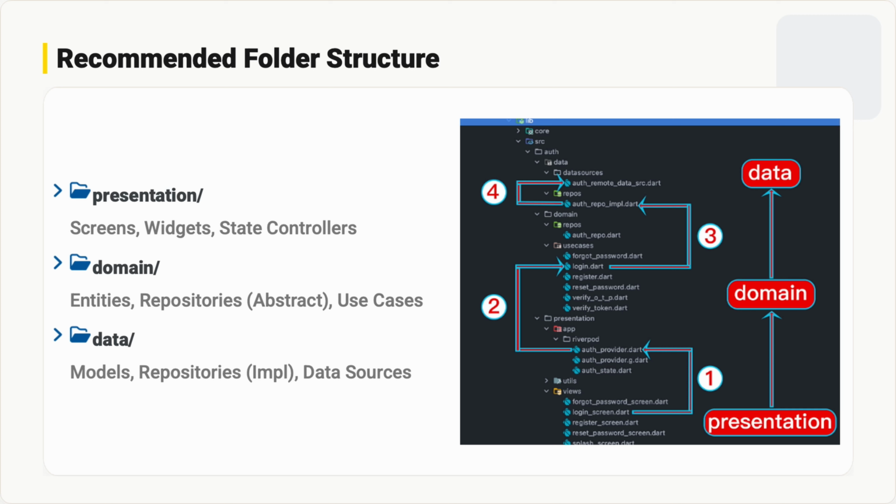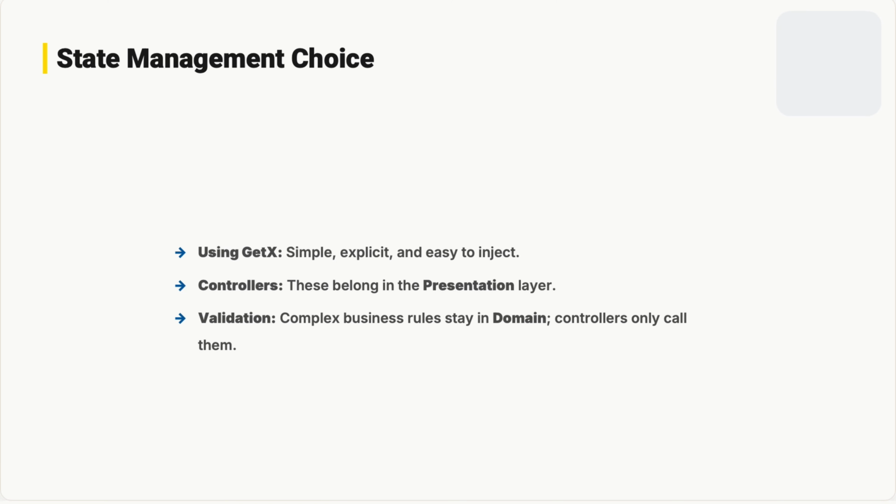The structure is simple, but it enforces separation and makes scaling manageable. For state management, we are using GetX in this video. So the controller lives in the presentation layer. Business logic stays in the domain layer, and state management should never contain business logic. It orchestrates updates to the UI based on changes in data or domain logic.